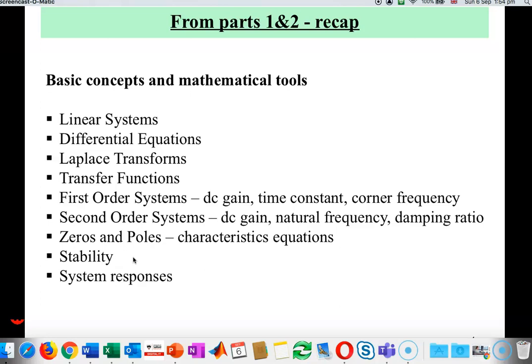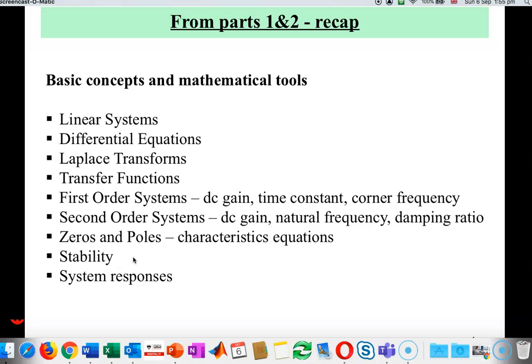And I emphasize that when you get a transfer function for a first order or second order system, we try to reformat it into standard formats if they are not already in that.